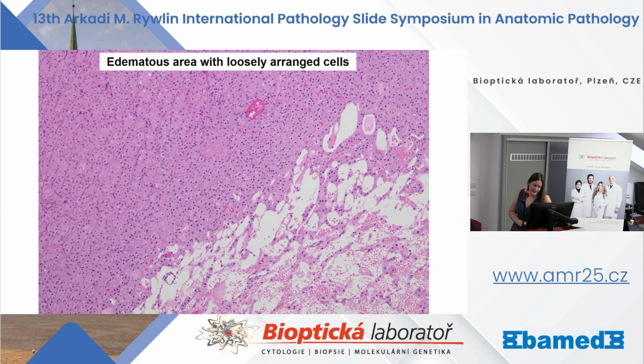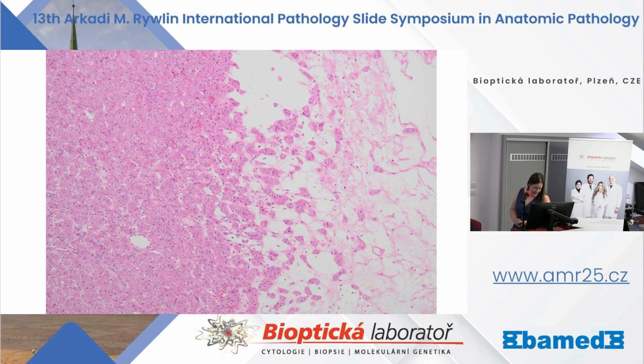If we move to the edematous area, you can see that there is a characteristic pattern of growth for this tumor, and you can see these elongated trabeculae and bands.